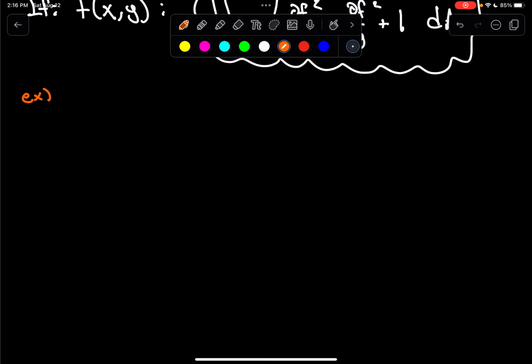Okay, so for example, let's evaluate this function, just f(x, y) is equal to y, very simple, not too bad, over some surface. So this is the new notation that we're going to see.